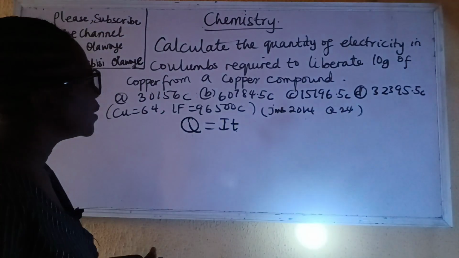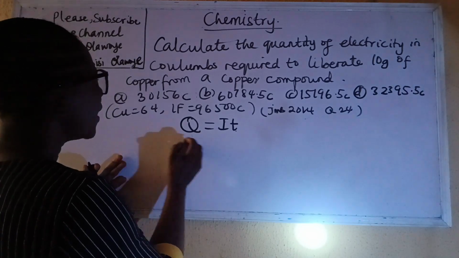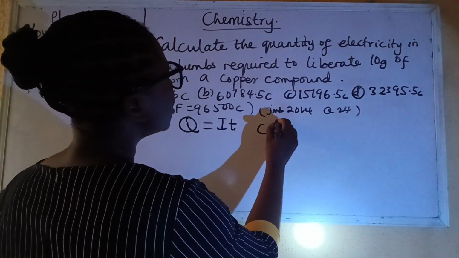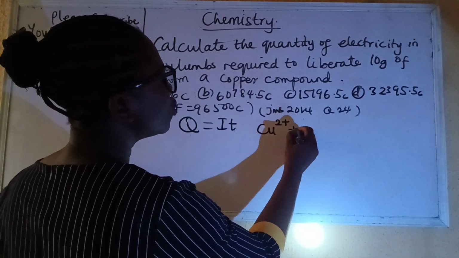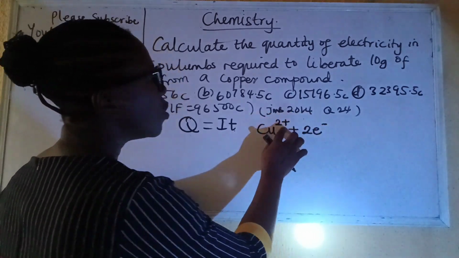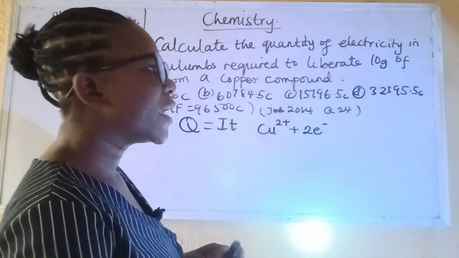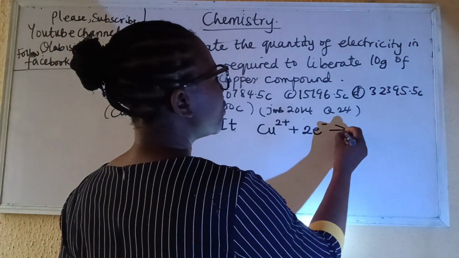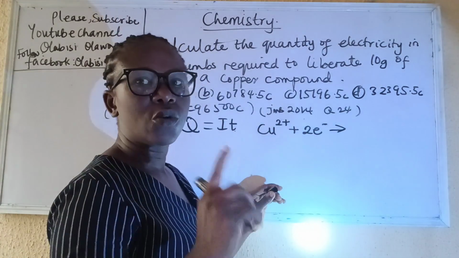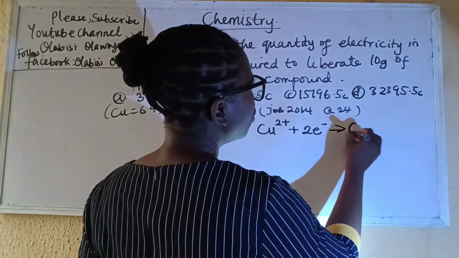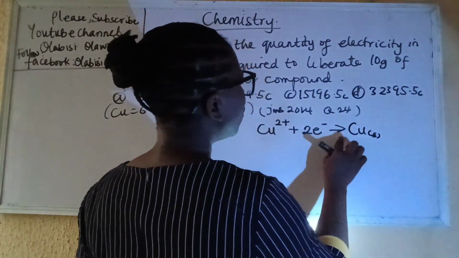So in this case, we can still write the half reaction since it's involving copper. Copper carries +2. It goes to the cathode because it's a positive ion going to the negative electrode, to pick up electrons. That is reduction, while oxidation occurs at the anode, to give copper solid. And the equation is balanced.